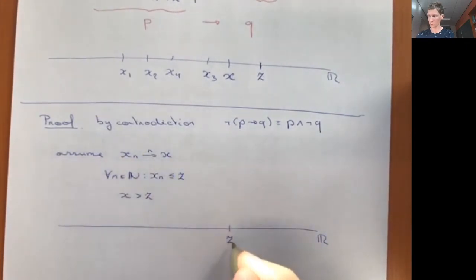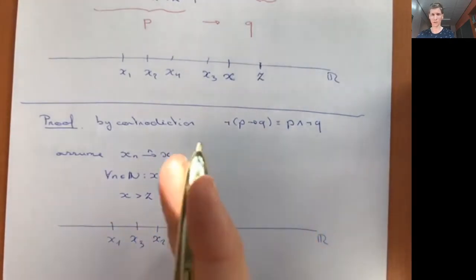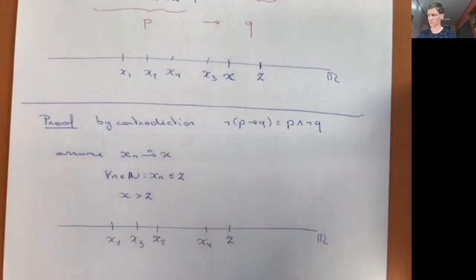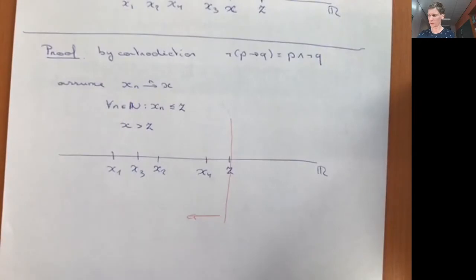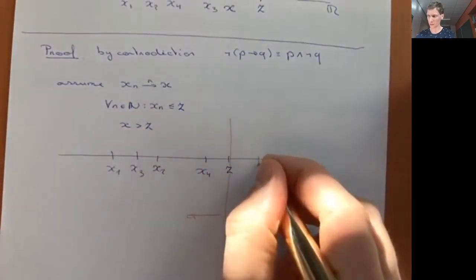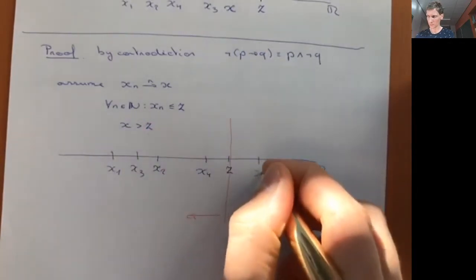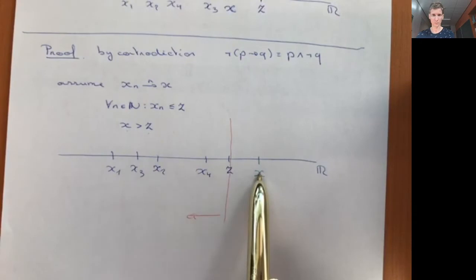We have a number z, we have x1, x2, x3, x4, and so on. All of these live here in the area below z, so every element of the sequence is to the left of z. And then we have an x, which is strictly bigger than z. And in some way, this sequence converges to this x.